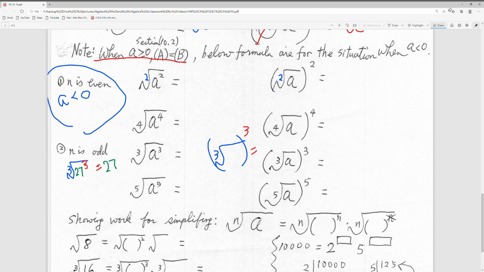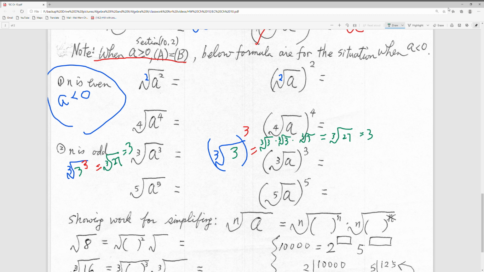Okay. 27 is 3, right? This is the cube root of 3 times cube root of 3 times cube root of 3. So it's also the cube root of 27 is 3. So because it's all positive, it's the same thing.